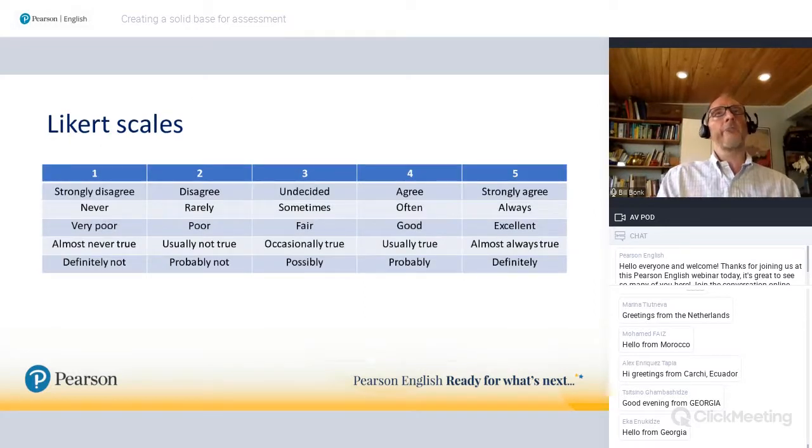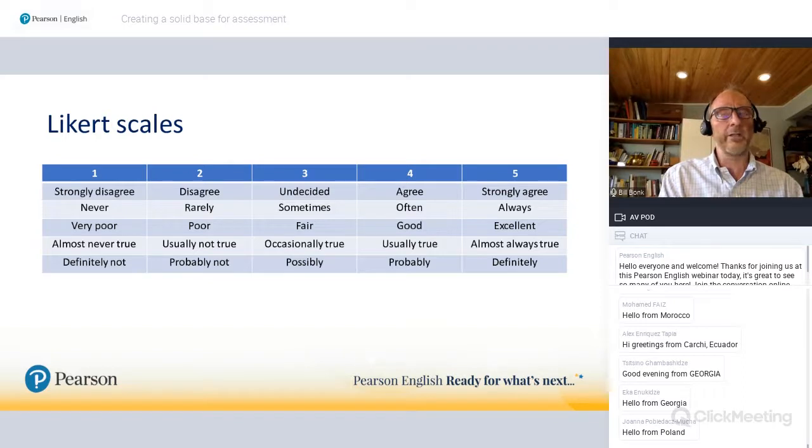Another kind of rating scale that you might have seen is what has been called Likert scales. It's typically a scale of 1 to 5 or 1 to 7. You find this very frequently used in survey research. The top line, strongly disagree, disagree, undecided, agree, and strongly agree, are the kinds of descriptors that people can very quickly use.